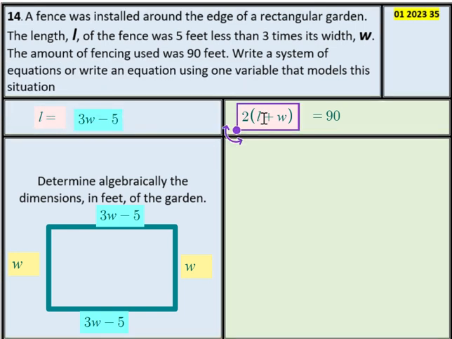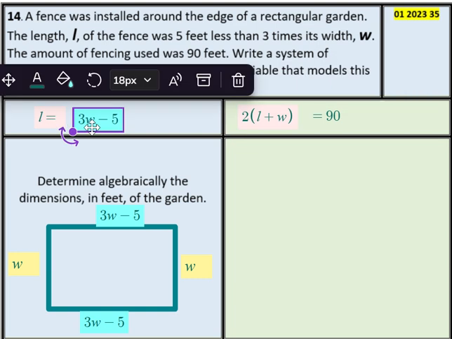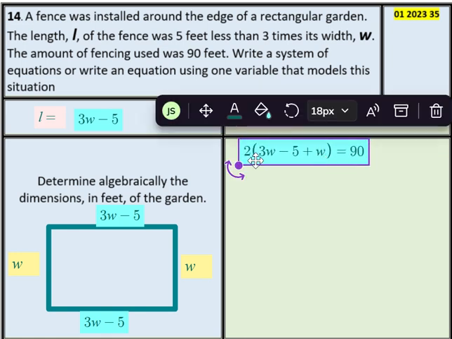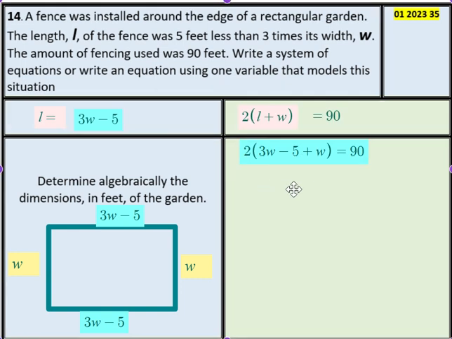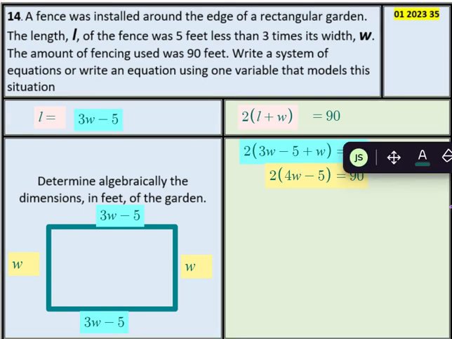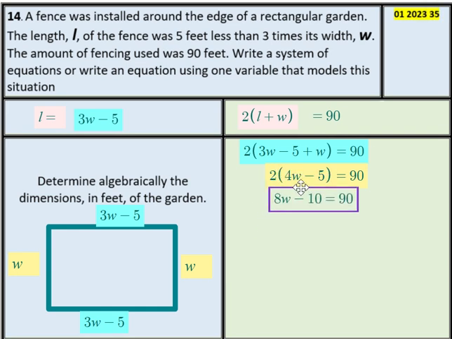So if I replace that L with 3W minus 5, now I have an equation in terms of just W's. So we can combine like terms, add the 3W to the other W, and now we've got 4W's. Next thing, we can distribute that 2, and we have 8W minus 10 equals 90.